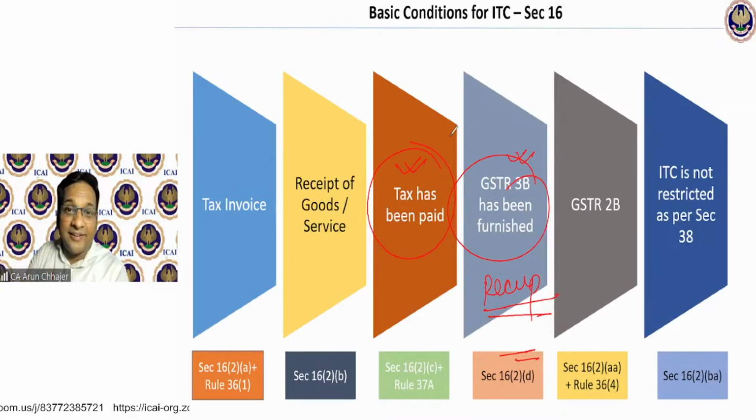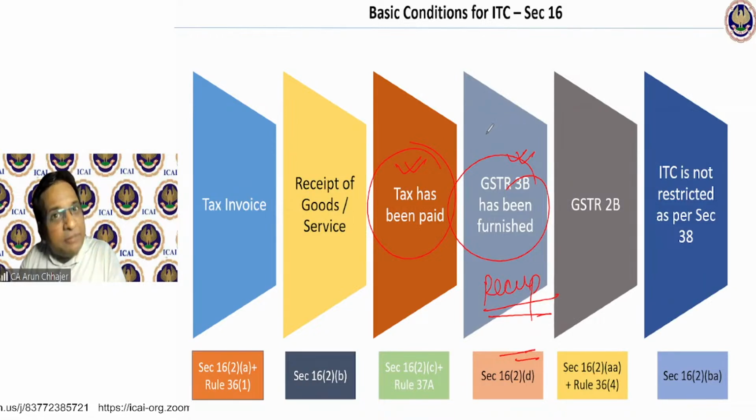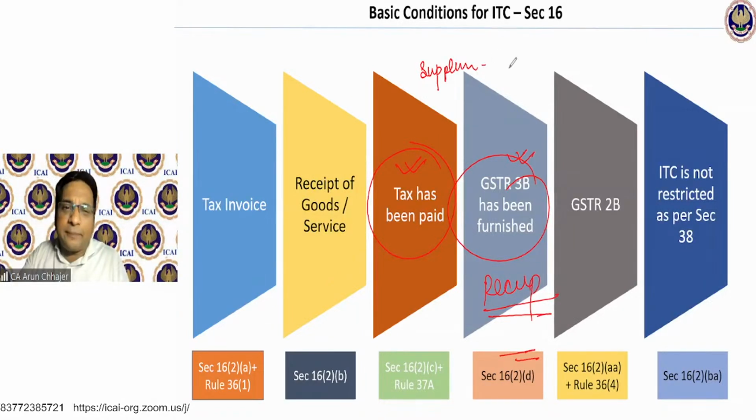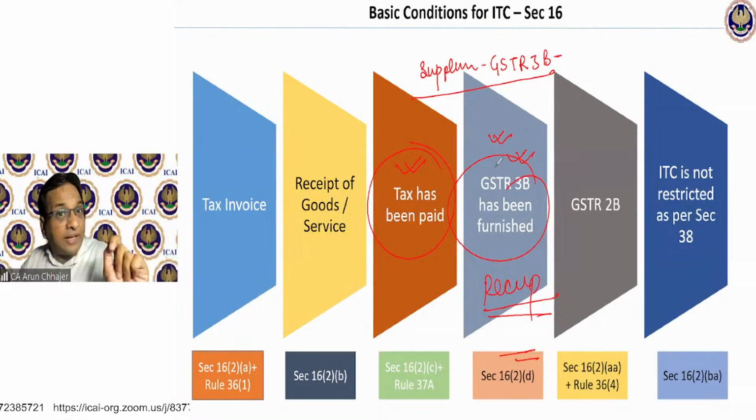But point to be noted: once I say that this condition is related to filing of the GSTR 3B by the recipient, my counter question comes: is there any condition which talks about the supplier's 3B?